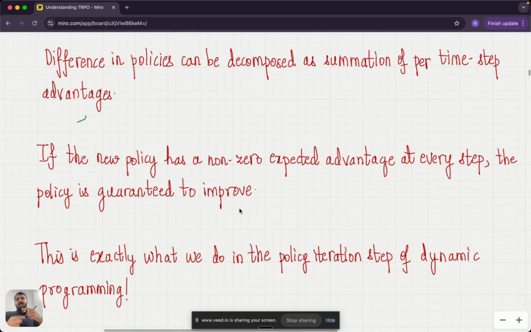And I will do this again and again till the value function of my current policy is giving me the most optimal expected rewards at all the states. There is no action which gives me better rewards than what my current policy says.